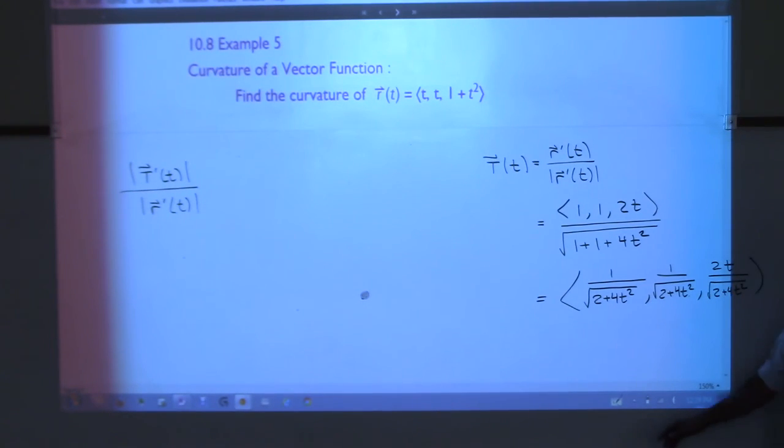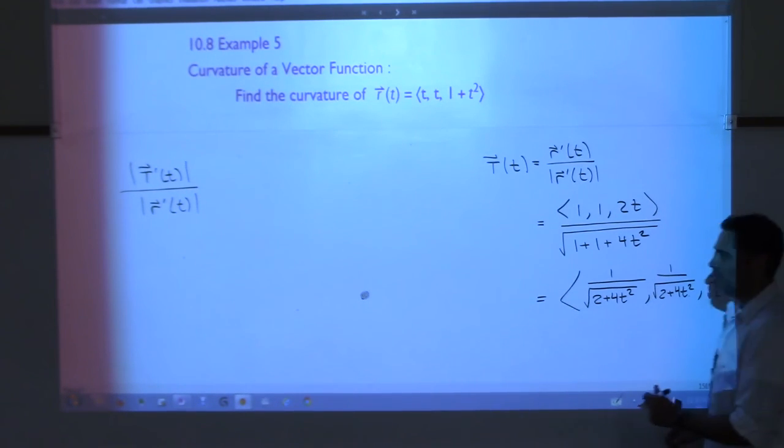Are y'all okay with this? You're taking this vector and dividing each component by the magnitude. So you take 1 over this, 2t over this. This is just capital T, right? What do you need now? To take its derivative.